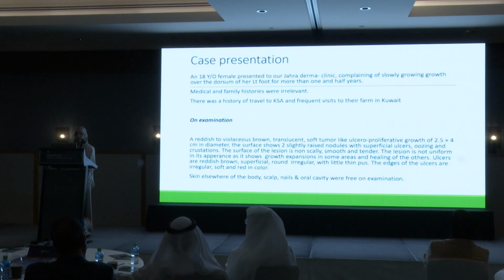The lesion is not uniform in its appearance, as it shows crusted expansions in some areas and healing in others. Ulcers are reddish brown, superficial, round to irregular, with little thin pus. The edges of the ulcers are irregular, soft, and red in color. Skin elsewhere on the body, scalp, nails, and oral cavity were free on examination.